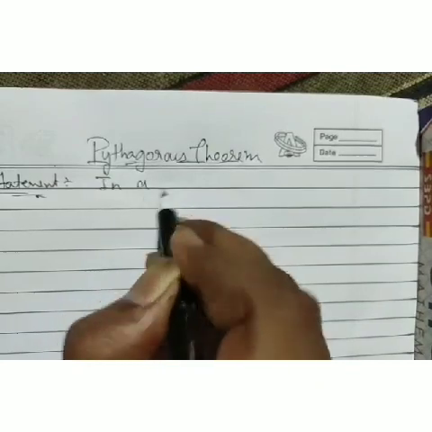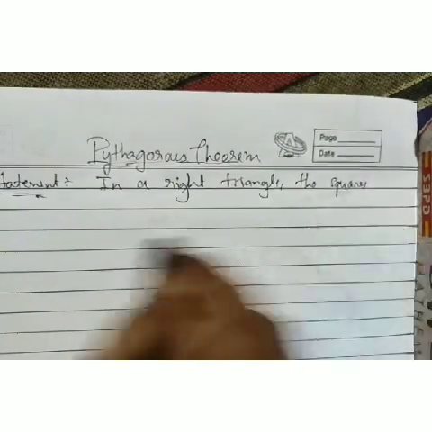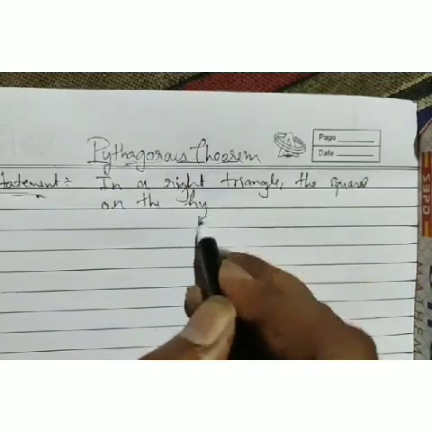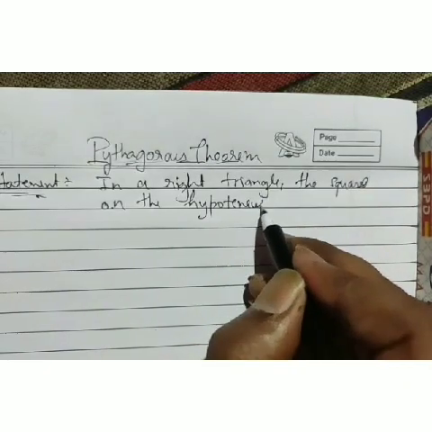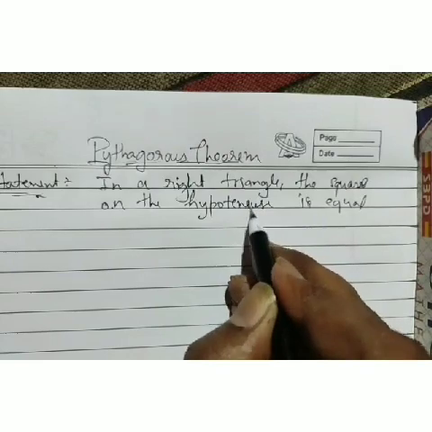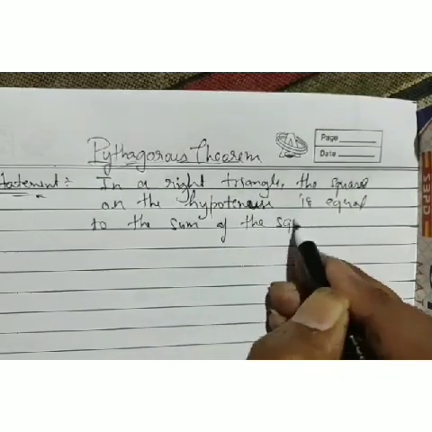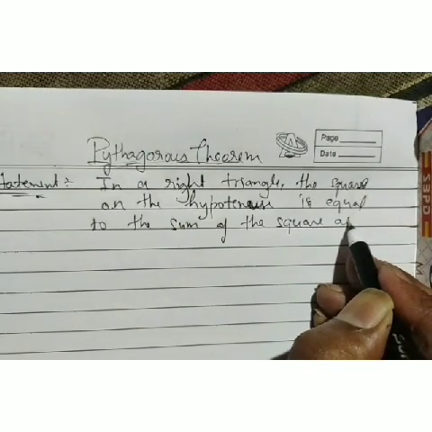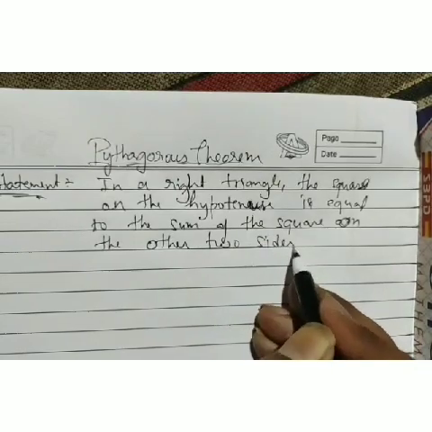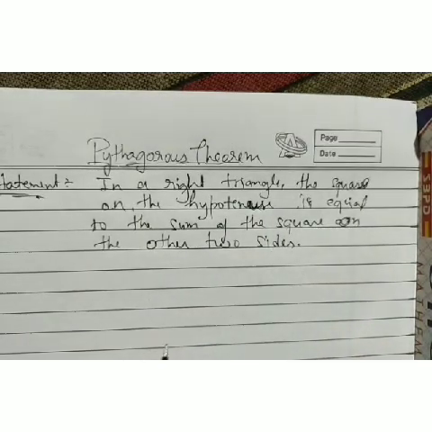In a right triangle, the square on the hypotenuse is equal to the sum of the squares on the other two sides. Now this is our statement.